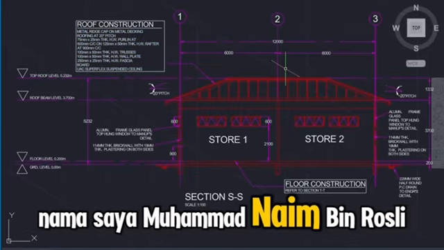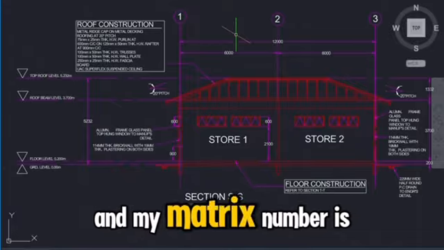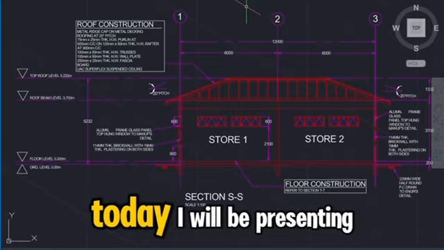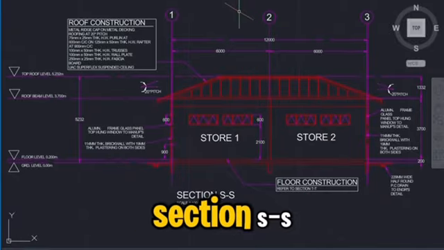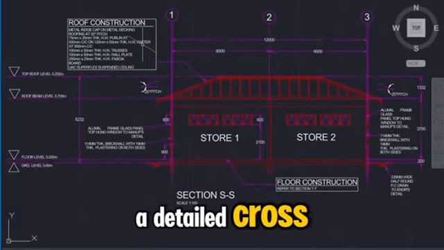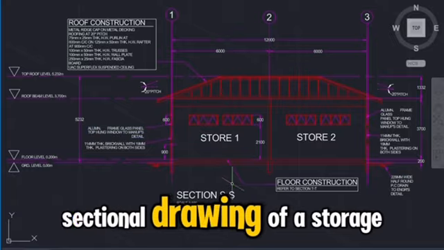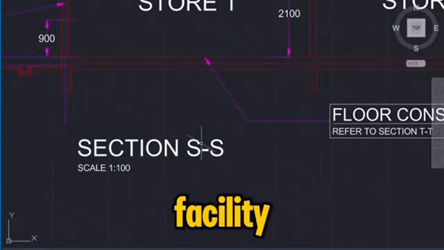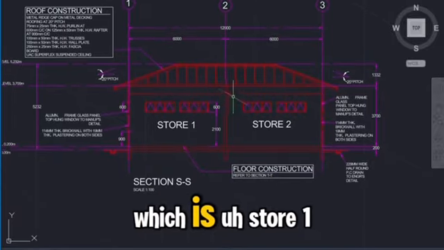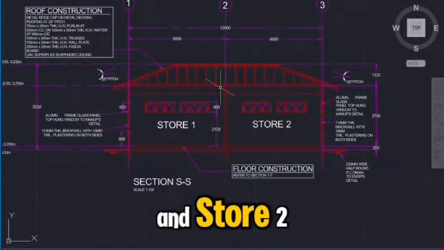Nama saya Muhammad Rosli and my matrix number is CN25028. Today I will be presenting Section S-S, a detailed cross-sectional drawing of a storage facility comprising 2 units, which are store 1 and store 2.